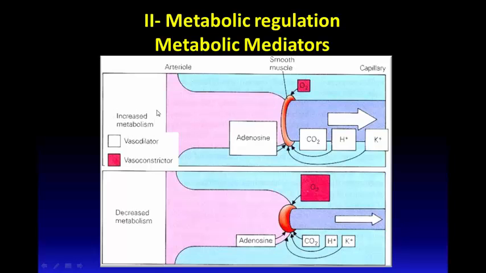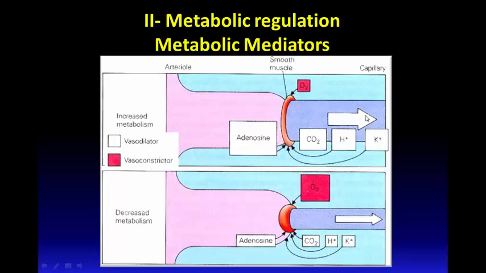With increased metabolism the levels of carbon dioxide, hydrogen ions, potassium ions, and adenosine increase, and they are all relaxant of the smooth muscle cells of the arterioles and the precapillary sphincters. Hence, they all cause arteriolar vasodilatation and an increase in blood flow.